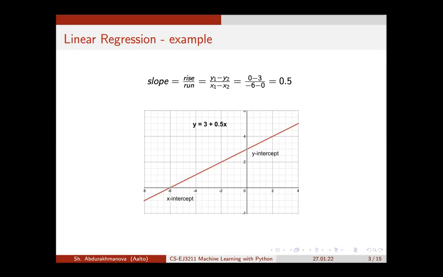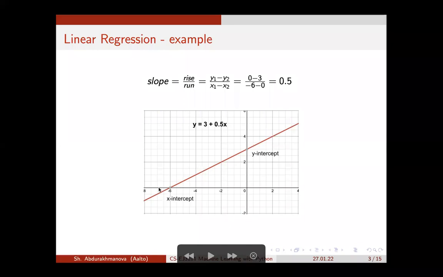So let's see what those parameters of this function actually reflect. In this case, we have 3 as a bias or intercept, also called y-intercept, and the slope is 0.5.